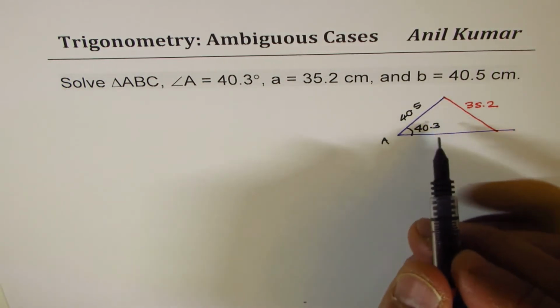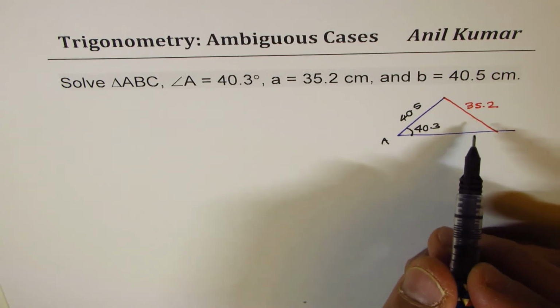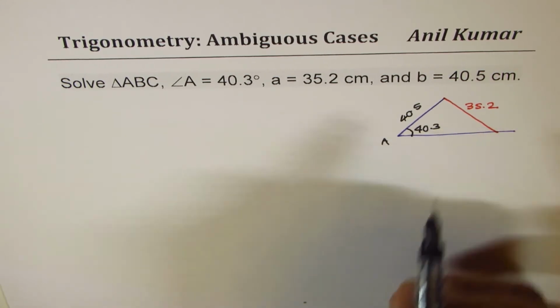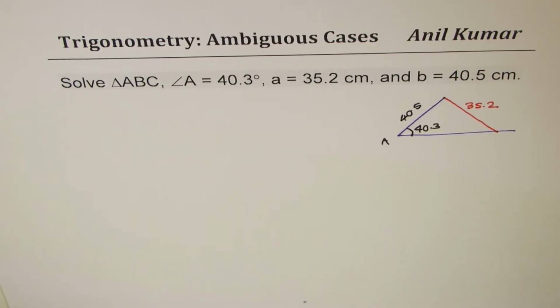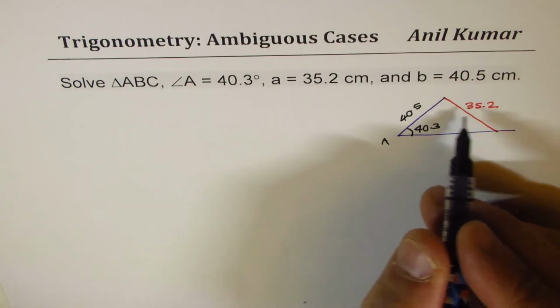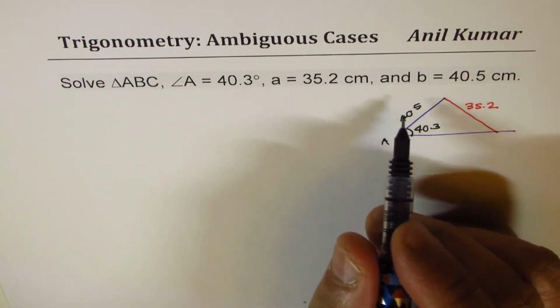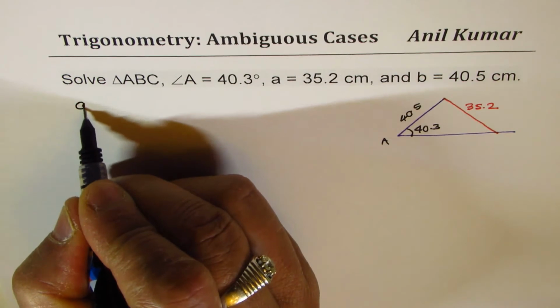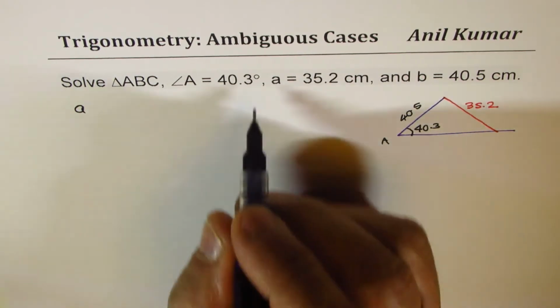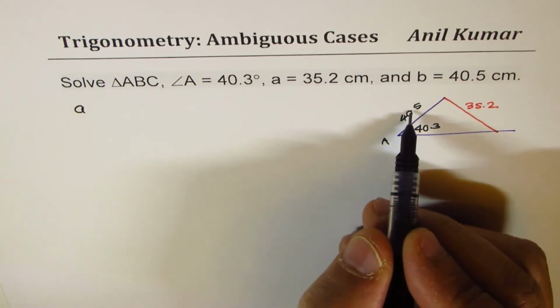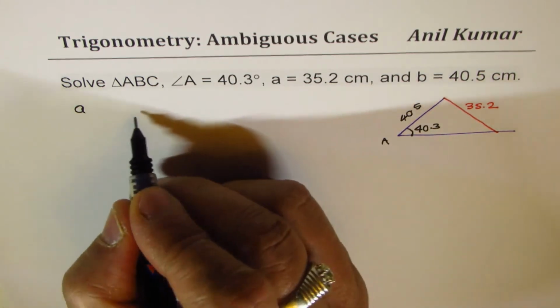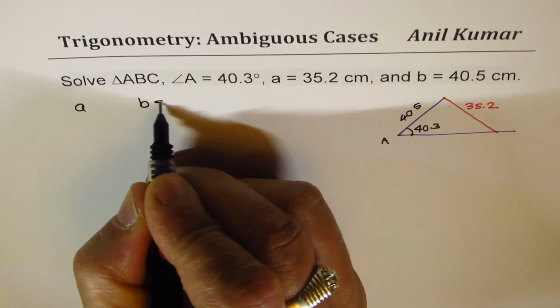Now in this particular case, whether it is an ambiguous case with two triangles or it is just one triangle or no triangle, let's confirm that part. So how do we confirm? We'll just check the value of a with respect to b sine A. So what is b sine A?